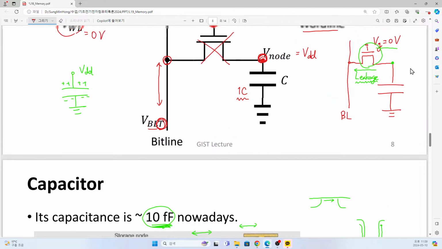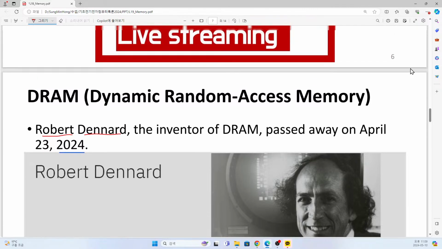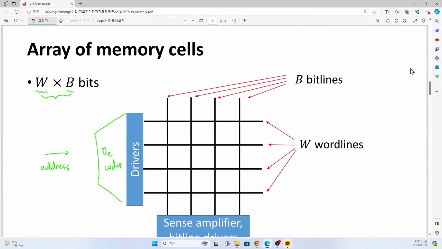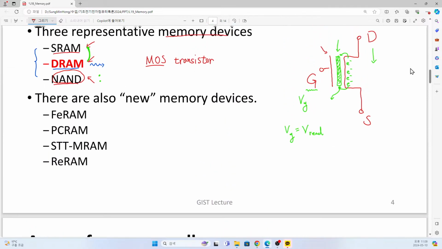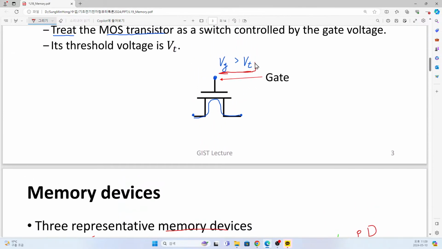Our transistor is regarded as a switch: when the gate voltage is higher than the threshold voltage, then our transistor is regarded as turned on. So it means that if the gate voltage, or more precisely, the voltage difference between gate and source, is equal to the threshold voltage, it is no longer turned on.